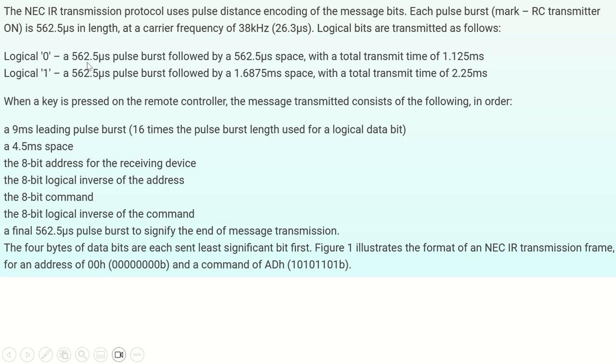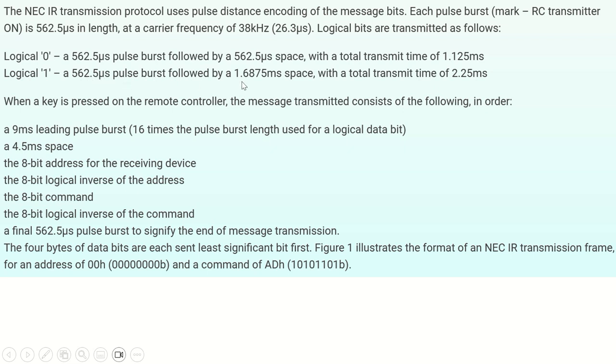So whenever you want to transmit, let's say, logic 0, means low state, then this 562.5 microseconds pulse followed by another space of 562.5 microseconds, with a total of this plus this, means 1.125 milliseconds, represents logical 0.